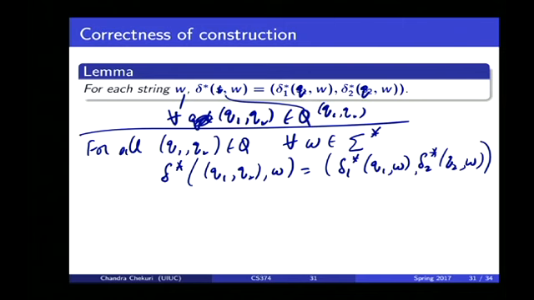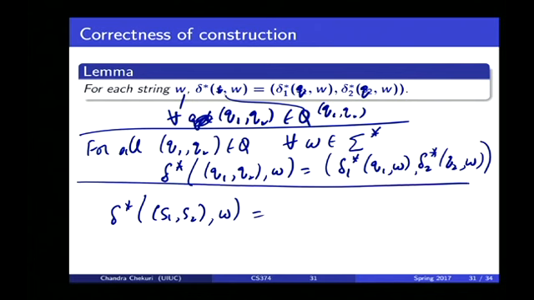Remember, the start state of the new machine is S1, S2. On W, from this lemma, it goes to delta 1 star of S1, W and delta 2 star of S2, W. Now once we have this, when will this new machine accept?